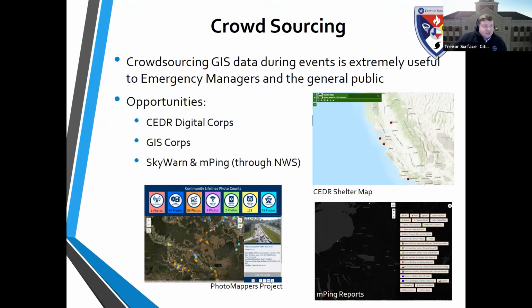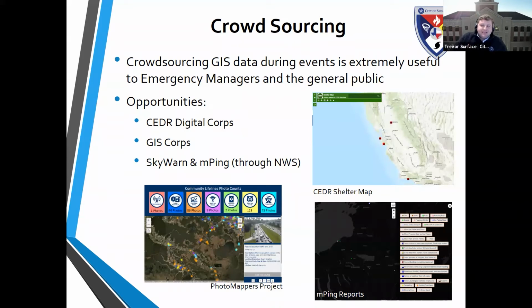There's a lot of public crowdsourcing information resources for GIS. There's CEDAR Digital Group Core, sorry. They provide a shelter map, and it's one of the most comprehensive shelter maps of the entire area. So most areas will have their shelter map for their city or state. This provides it for everywhere. GIS Corps, that's another organization people can join.